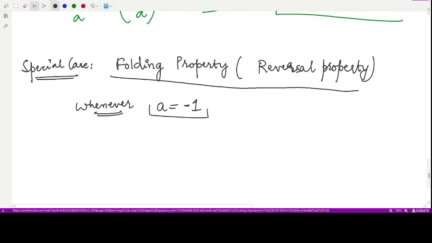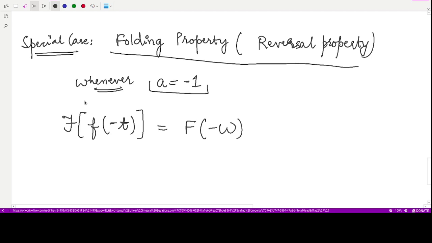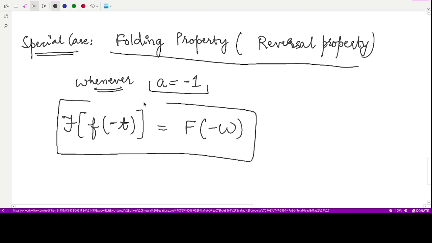Whenever a is equal to -1, then our property becomes that the Fourier transform of f of minus t, so that means we have now multiplied by -1 here, so a is -1, is equal to capital F of minus omega.